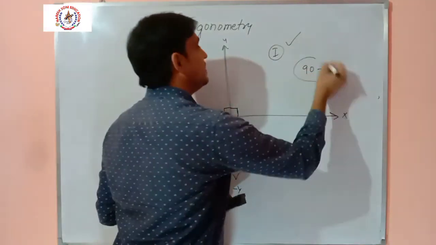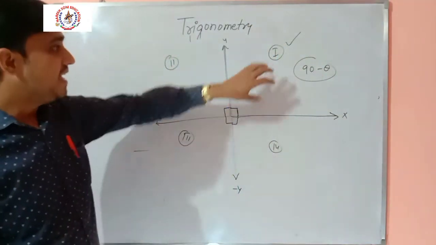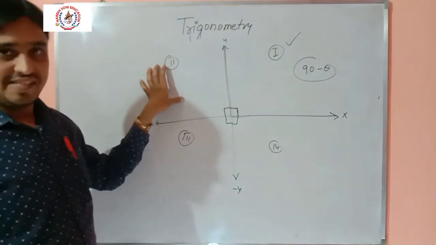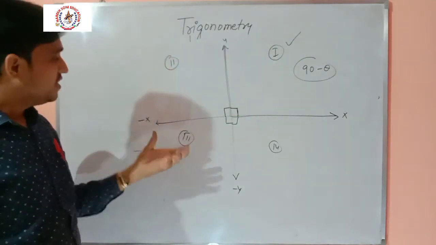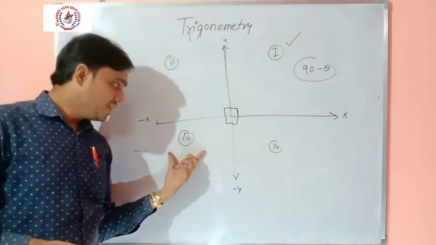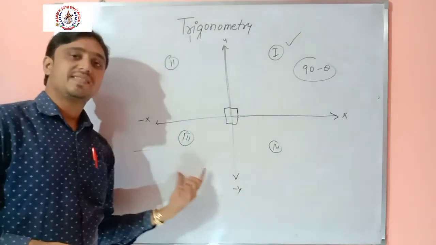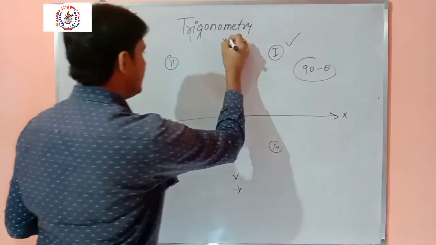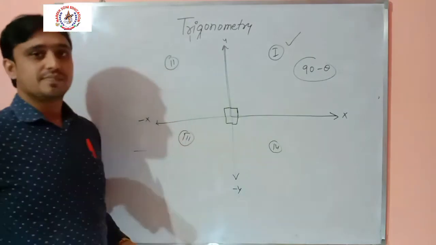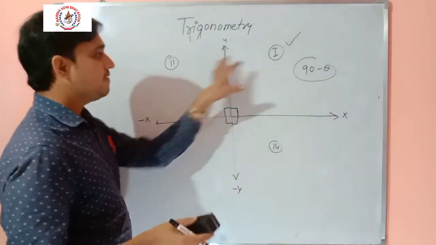So this value will lie in the first quadrant, and 90 plus theta is in the second quadrant. This one is 180 plus theta, and you can say 270 minus theta. 90 degrees, 180 degrees, 270 degrees, and 360 degrees. Okay, so these are the 4 quadrants.